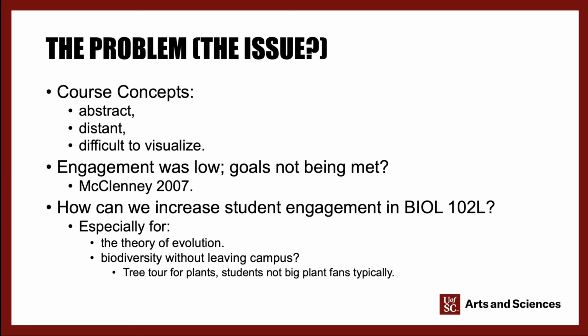And evolution, unfortunately, oftentimes gets politicized, and offshoots of it can be used almost as an agenda for different things. So we saw that some of the course concepts were abstract, kind of distant, maybe difficult for students to visualize. So the engagement we predicted was relatively low.